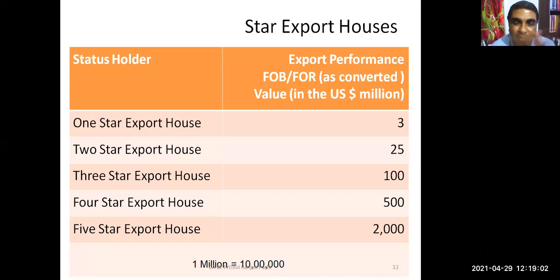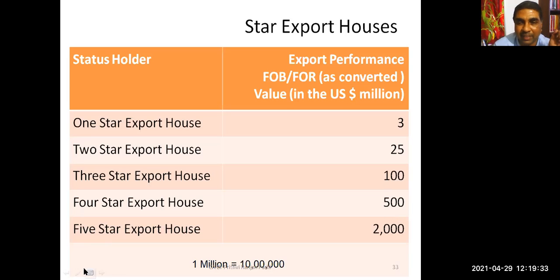You can have a look at how export houses are classified depending upon their performance, on the basis of the value of export over a 3-year period. So a 1-star house means the export performance is 3 million US dollars. 2-star house, 25 million US dollars. 3-star house, 100 million US dollars. 4-star house, 500 million US dollars.